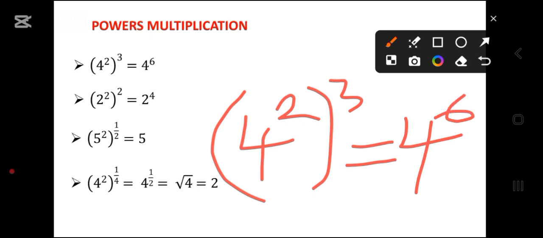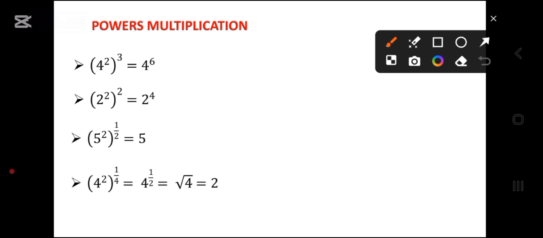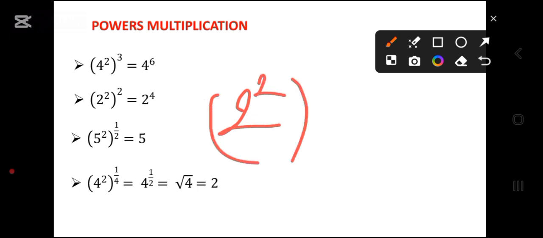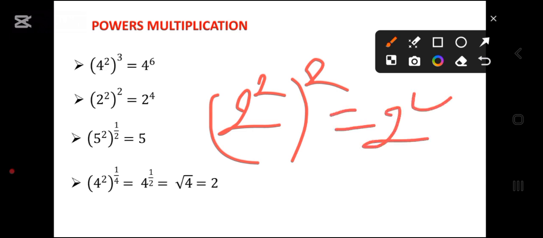That is what the law says. That is how we have this. Another example is 2 raised to power 2, which is again raised to 2, is 2 raised to power 4. 2 times 2, 2 raised to power 4. That is what we have here.